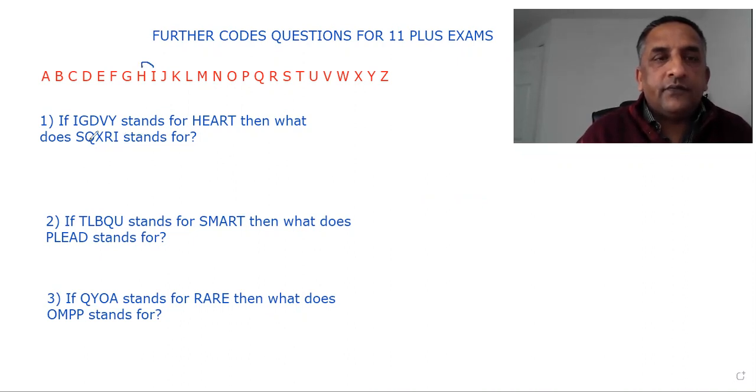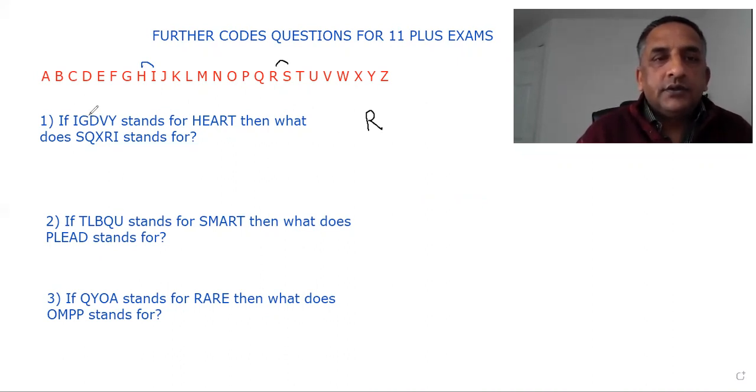So from S in SQXRI, we'll go only one space behind. So the first letter is R. From S, one letter behind is R.